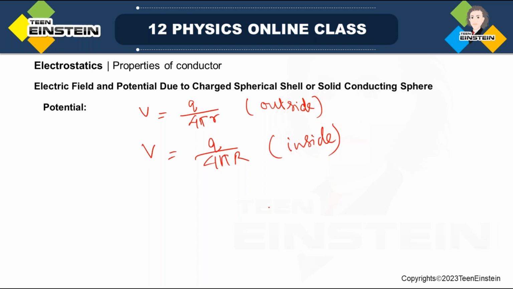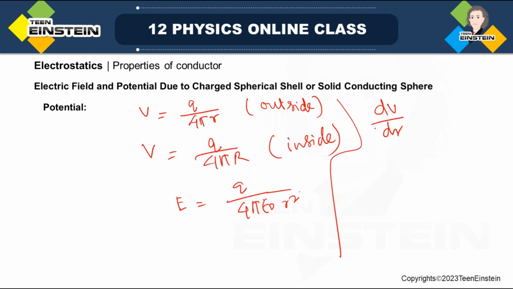We can just go for the electric field. For the electric field at an outside point, we have Q by 4 pi epsilon naught r square. So from this electric field, can we find the potential? Answer is yes.